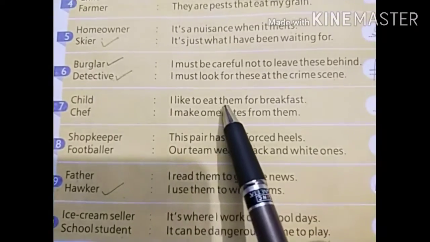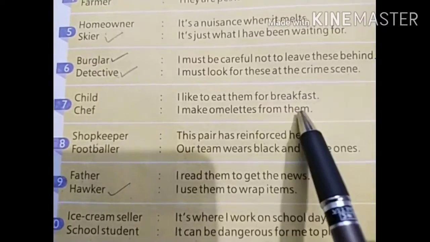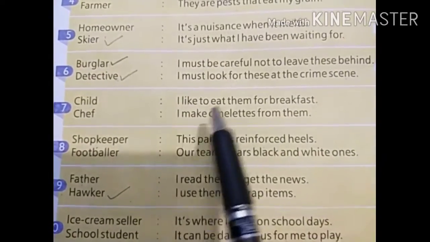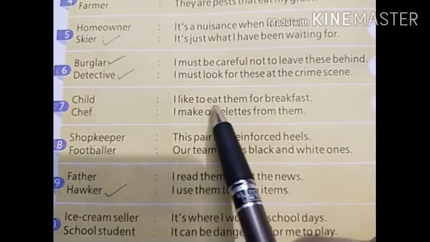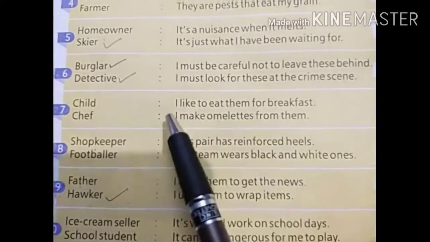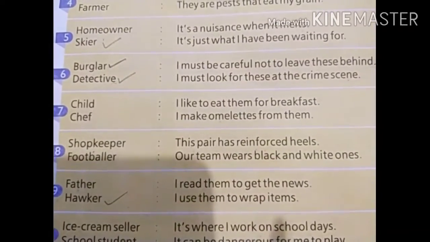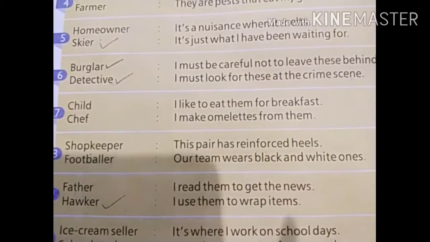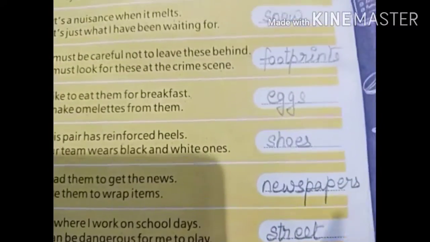Then child and chef, these are the two speakers. The child is saying, I like to eat them for breakfast, and the chef says, I make omelets from them. So what is the common thing? From what can you prepare an omelette? Yes, that is eggs.